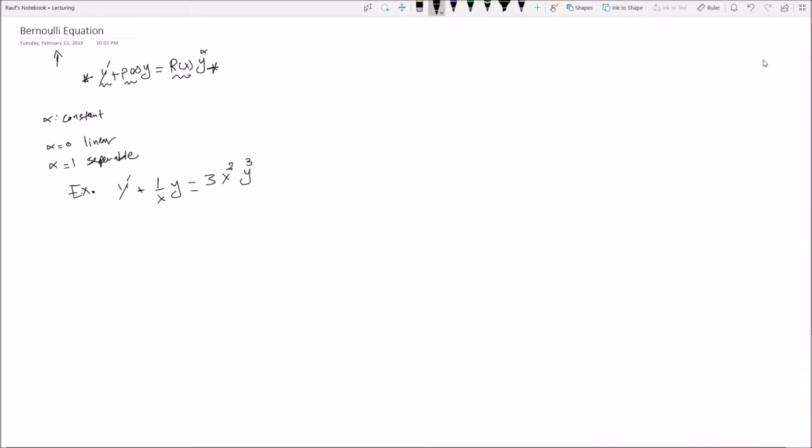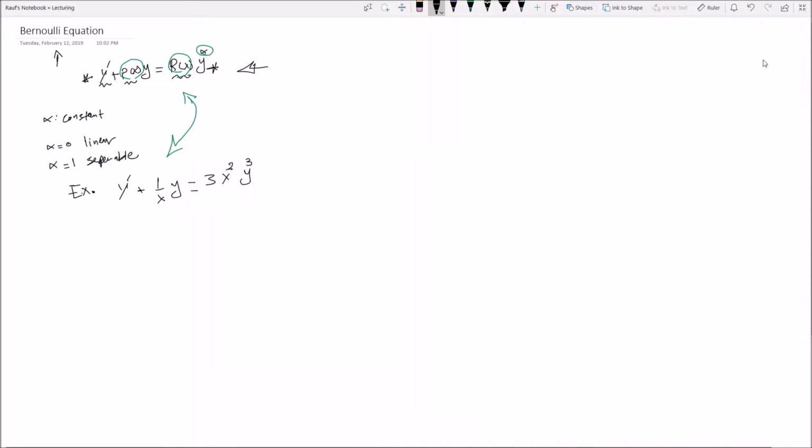Now we will start with identifying, going back to the general form of the Bernoulli equation, the p of x, the r of x and the alpha. So these three need to be identified in the problem that you're trying to solve.